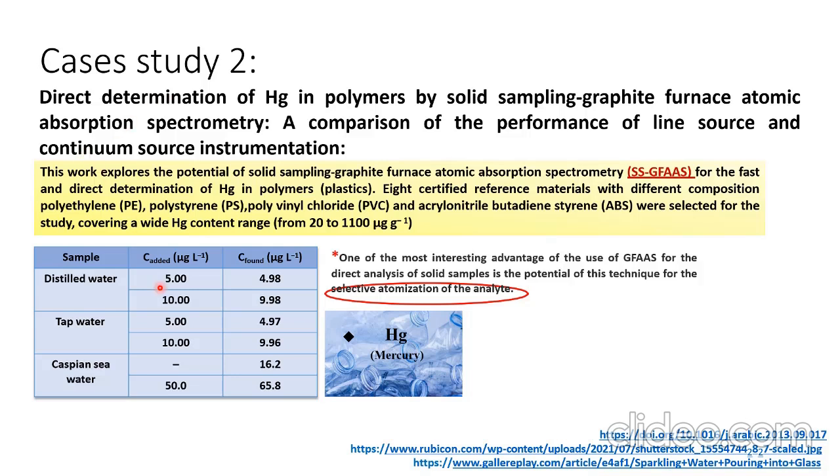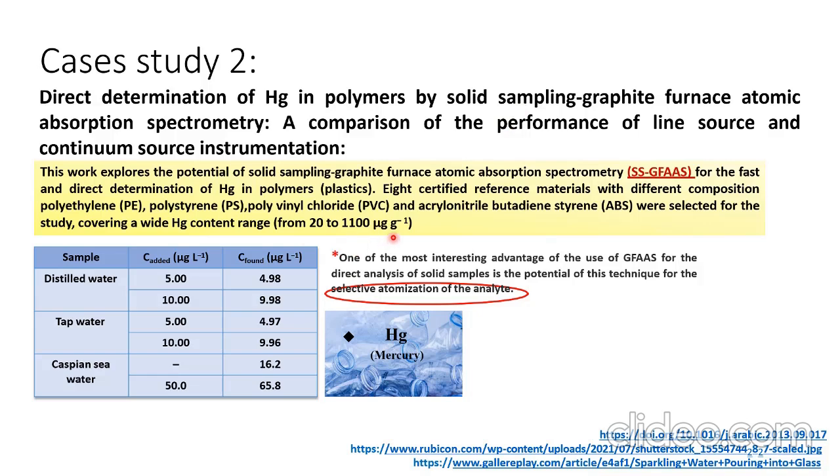They used solid sampling graphite furnace AAS for the fast and direct determination of mercury in polymers like plastics, and eight certified reference materials with different compositions like polyethylene, polystyrene, PVC, and ABS were selected, covering a Hg content of around 20 to 1100 microgram per gram.